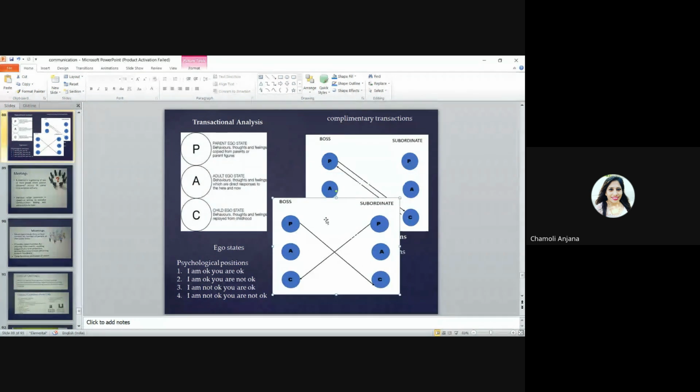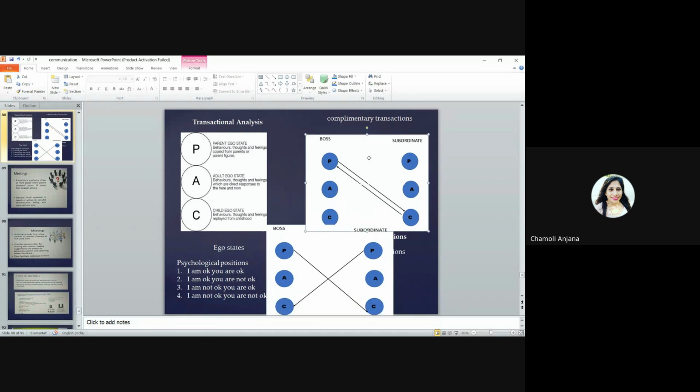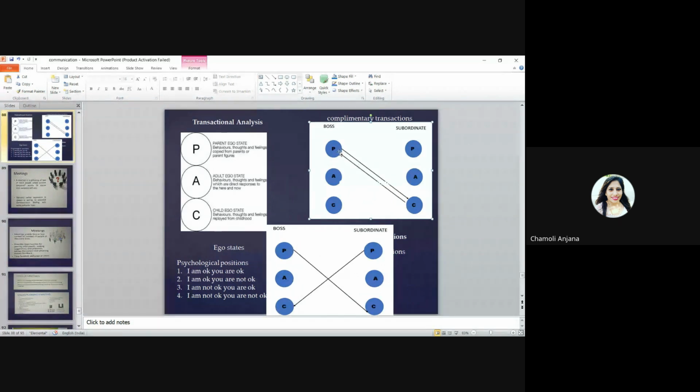The problem with the crossed transaction is that it results in arguments. It results in heated arguments, and this might result in misunderstandings, fighting, and ultimately communication failure, and the communication might completely stop as well. But in complementary transaction, it is a good form of discussion, where there are no arguments, and the communication goes smoothly.